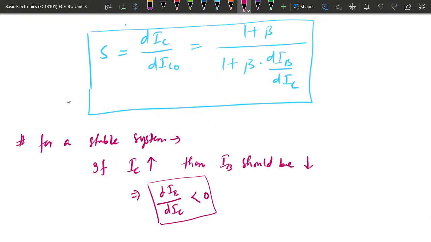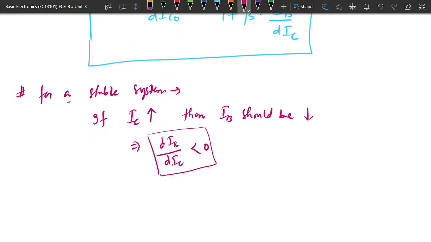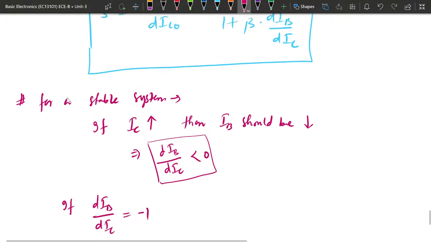So from this stability equation, suppose dIB by dIC is equal to -1, that means it is less than 0.